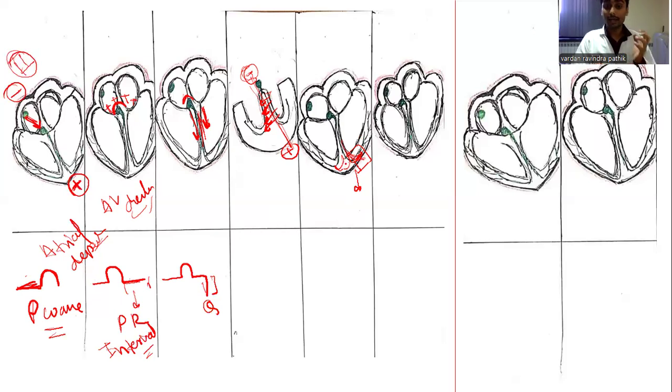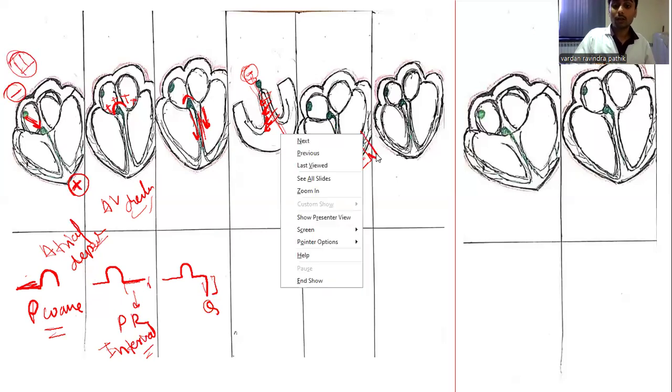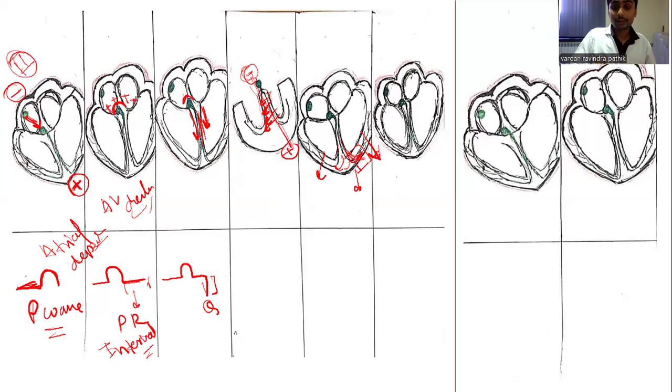We all know the left side is very much thicker than our right side. So if we talk about the vector, some electrical activity is going here, but most of the activity is going here because our left side is dominant, left side is thicker. So if we draw this, this is the more prominent side.